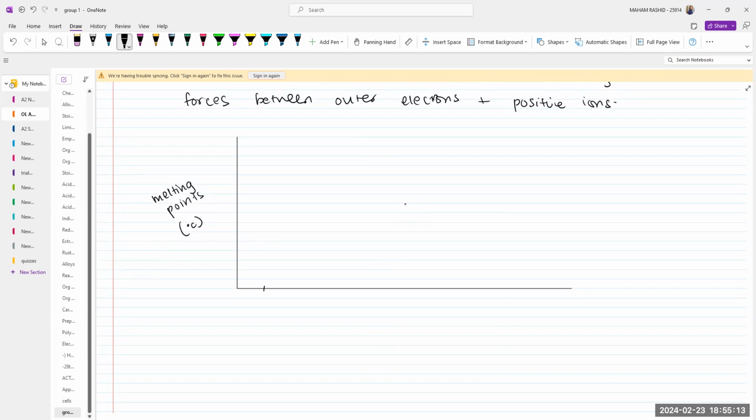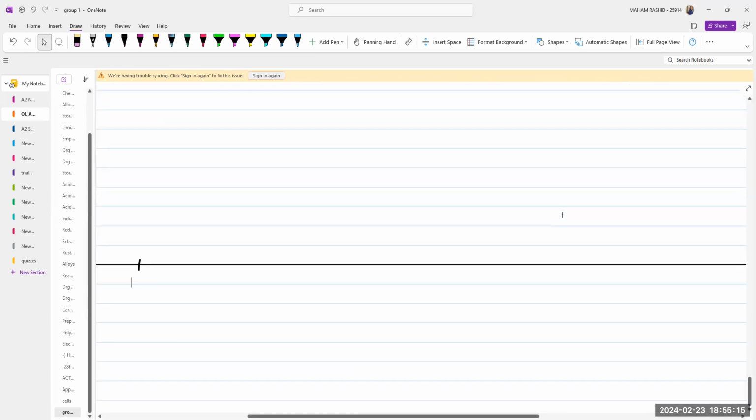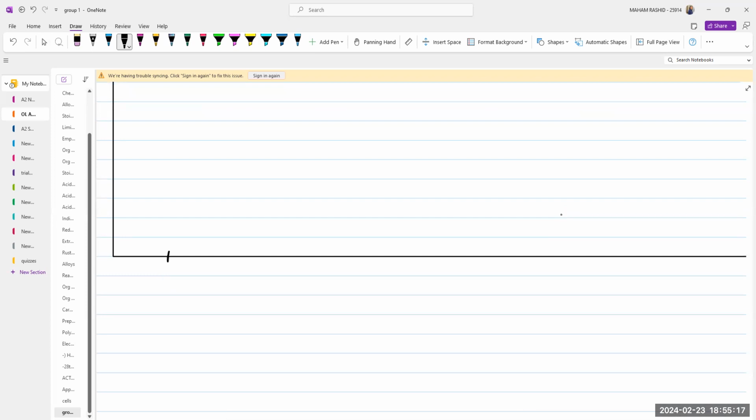So here we have lithium, and we have sodium, potassium, rubidium, cesium.